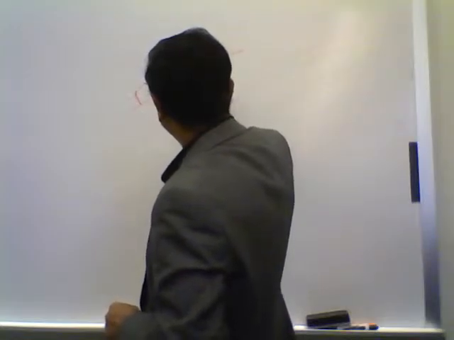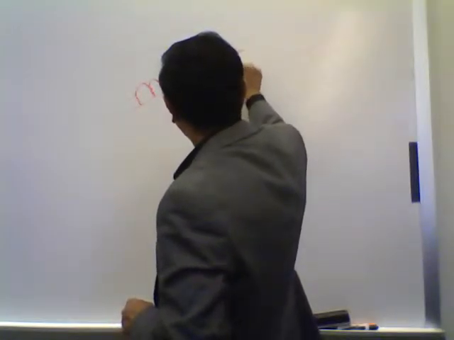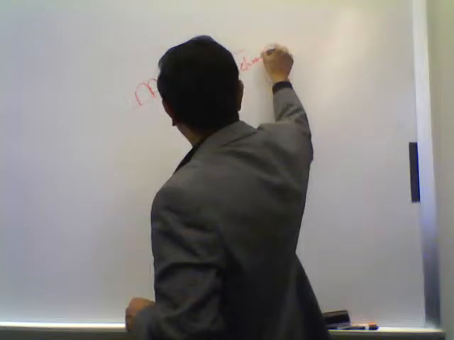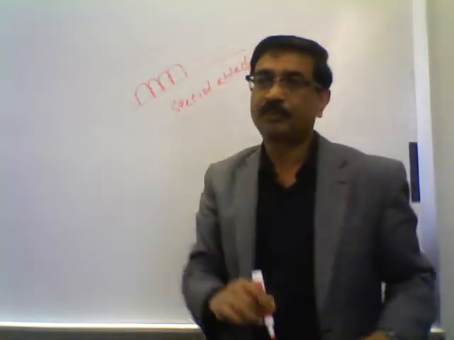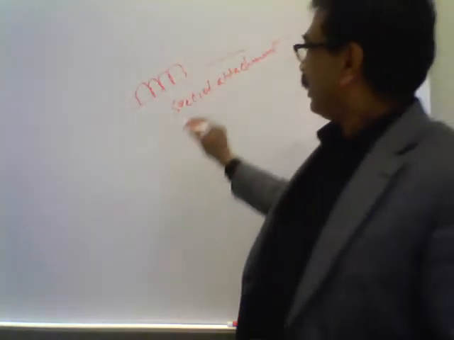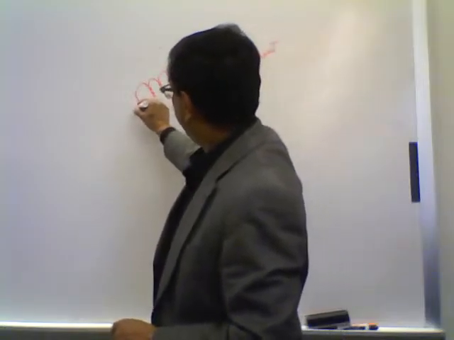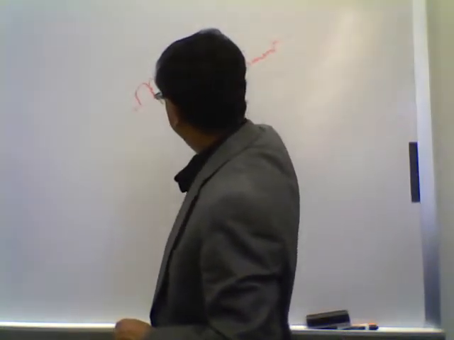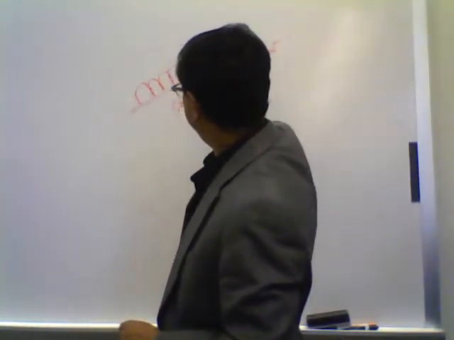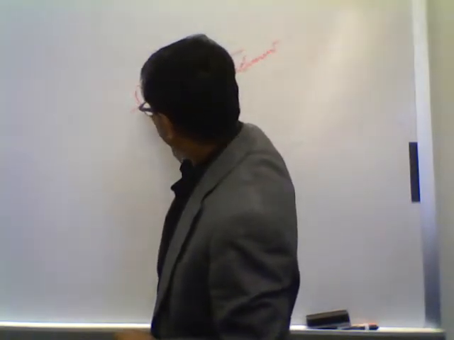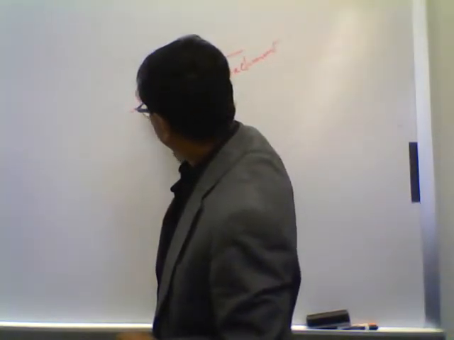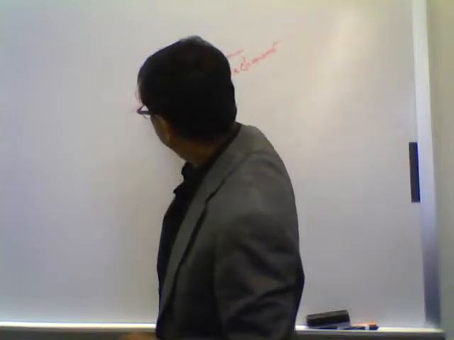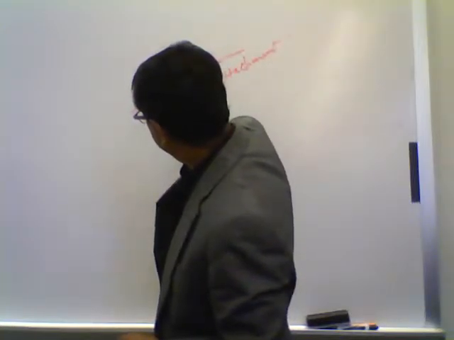Special attachment. Number two, you will see every time when I draw the epithelial tissue, I draw a line. This is called the basement membrane. And one end of the cell is attached to the basement membrane, the upper end is free.